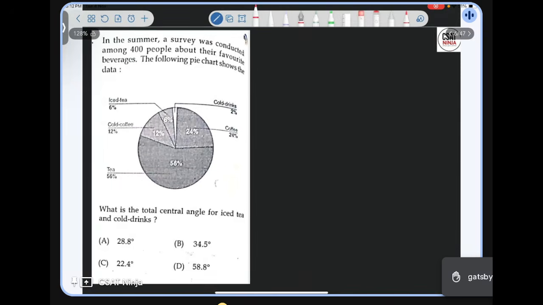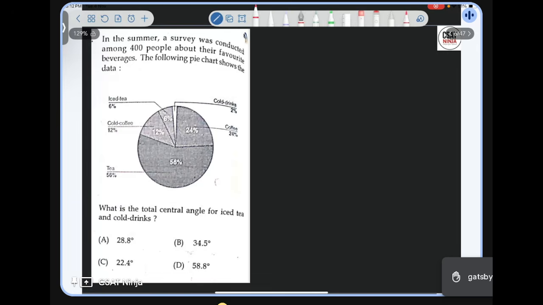Now this is a pie chart type of question. In exams, most of the time we see a question based on a pie chart, so it's an interesting thing to learn. The question says, in the summer, a survey was conducted among 400 people about their favorite beverages.